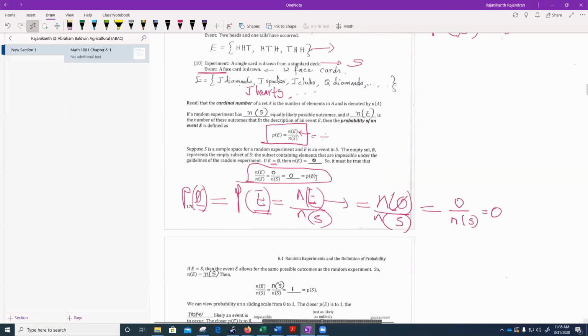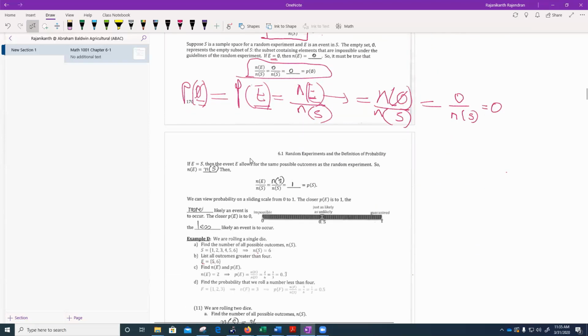Now, if you look at the next thing here, this definition says the probability of what? S. S means sample space. Remember, the sample space will contain all the possibilities, right? So in other words, the sample space S, you could call a full set. Why is it a full set?